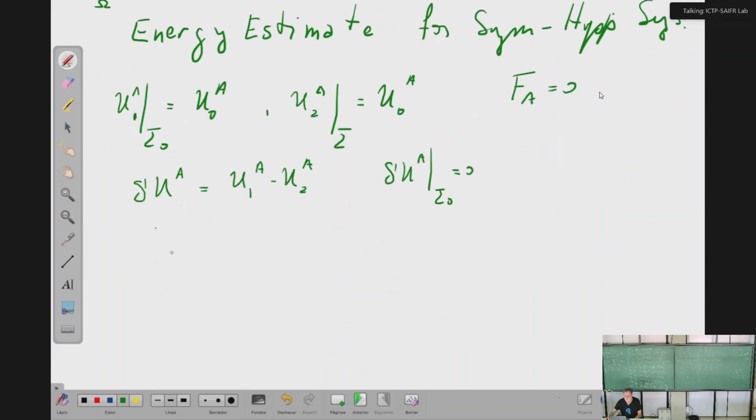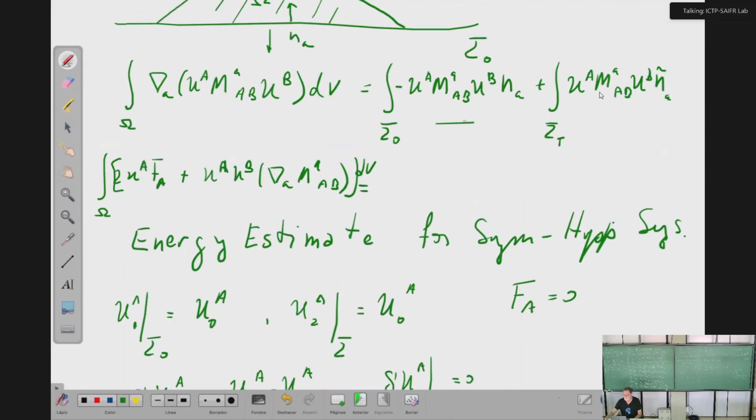So we conclude that this integral here is 0, because for delta u this is 0 initial data. So we have this term, and on the other side we have these two terms which are 0 by assumption.